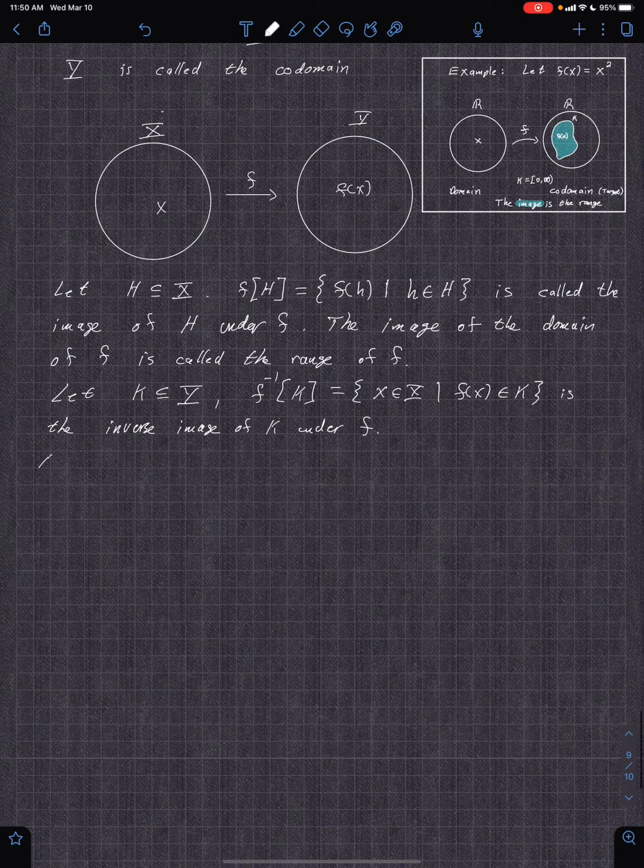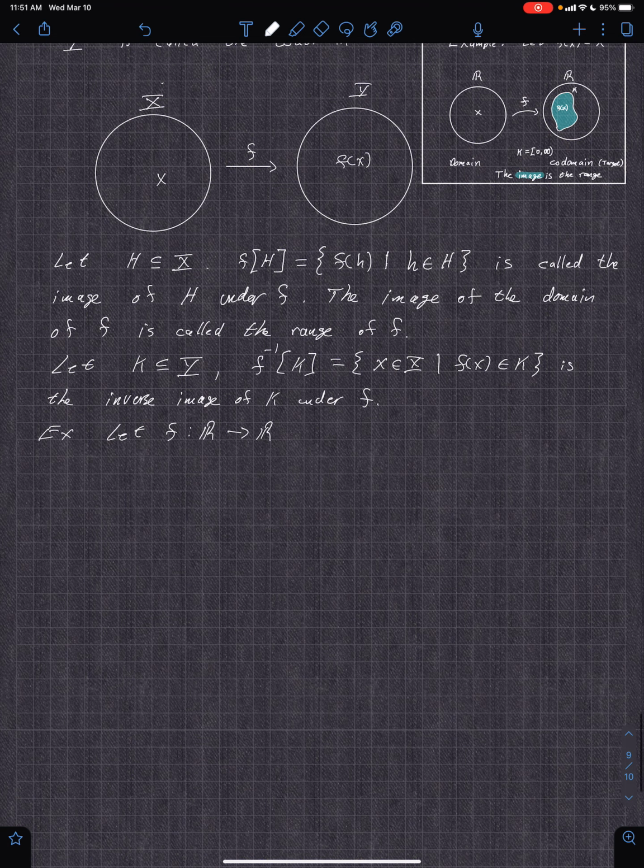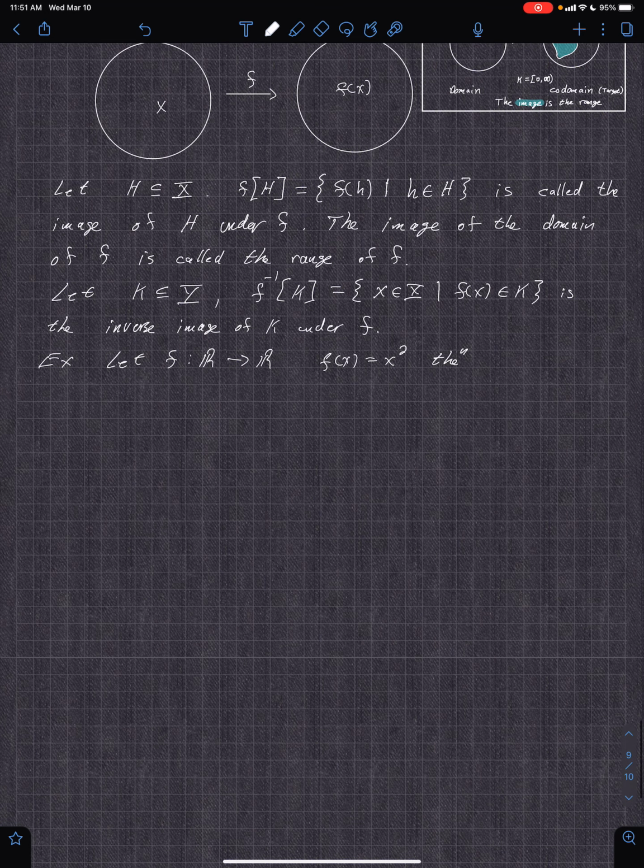So let's look at a couple examples of that. Let f be a function from R to R. And I picked f of x is x squared like above. Simple one we know. Then let's suppose H is equal to the set {1, 2, 3}, and that's all I used.